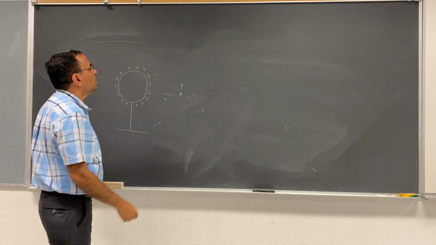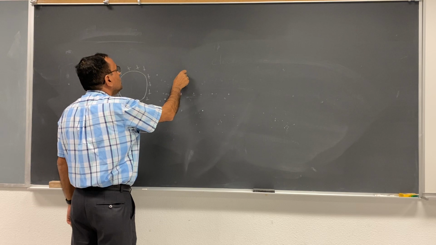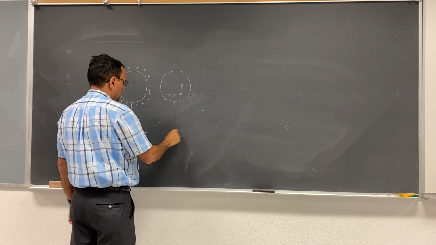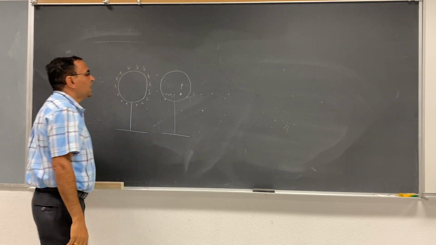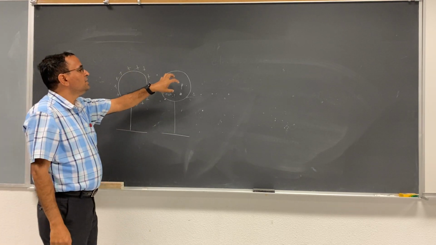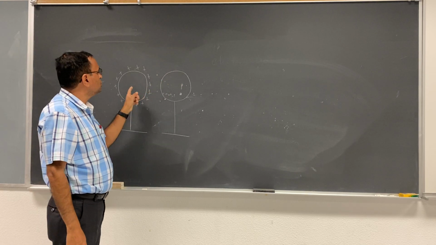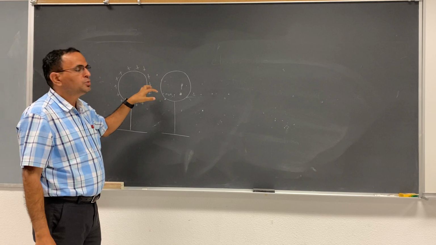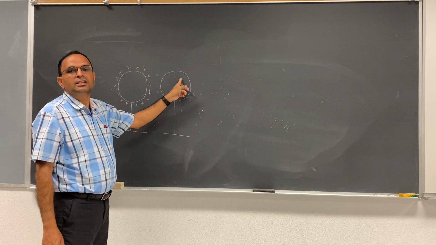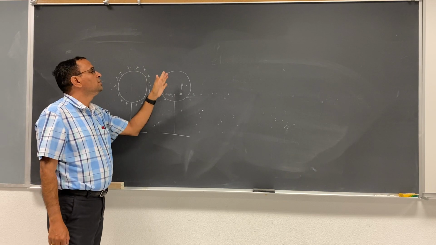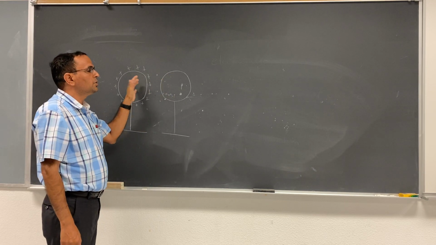If you bring another, neutral sphere close to this positively charged metal sphere, what happens? Can you complete the diagram? You bring the neutral sphere close to the positively charged sphere. What happens? You don't touch. If you touch, of course, this becomes positively charged by conduction, but they are not in contact.